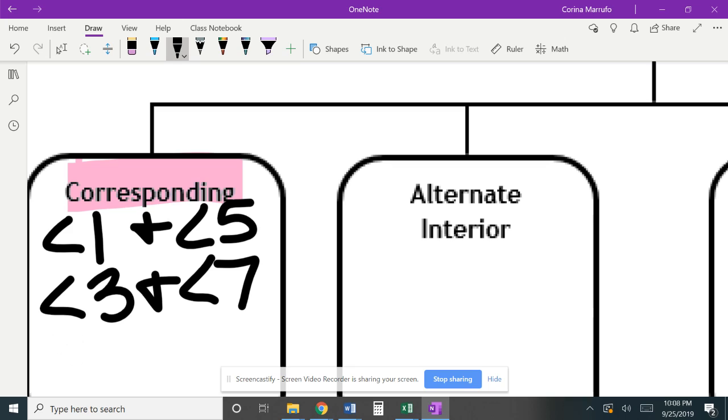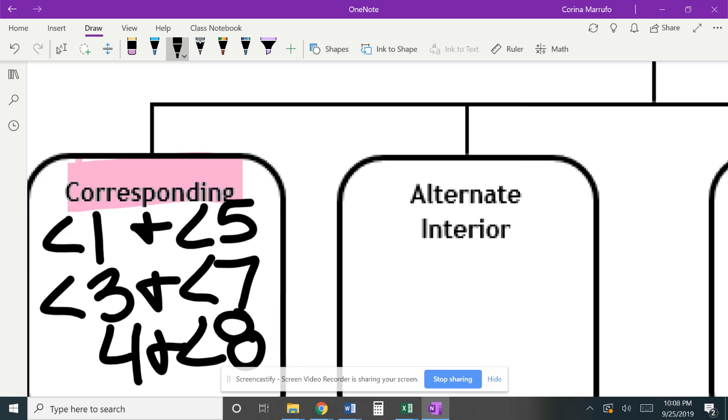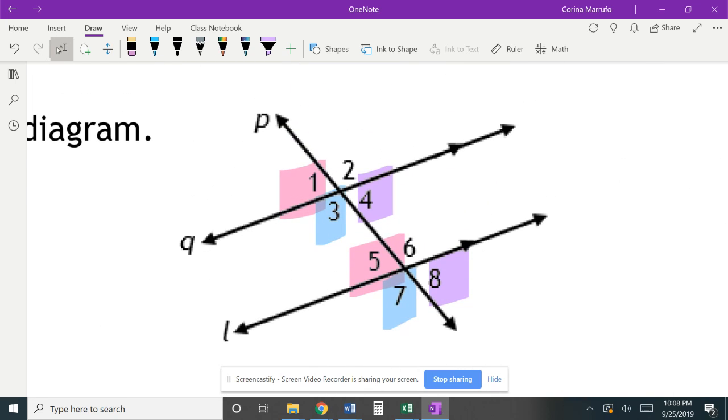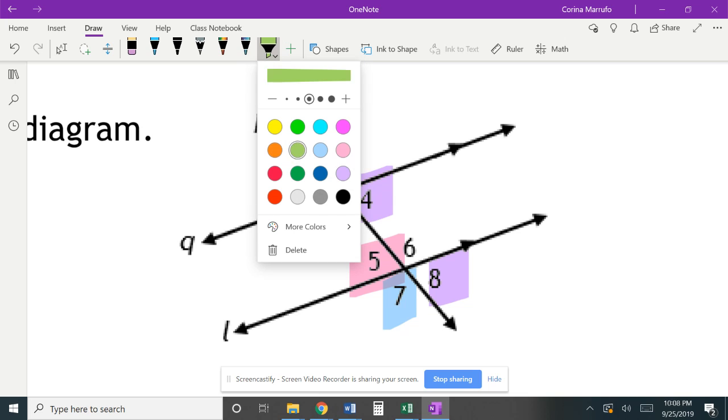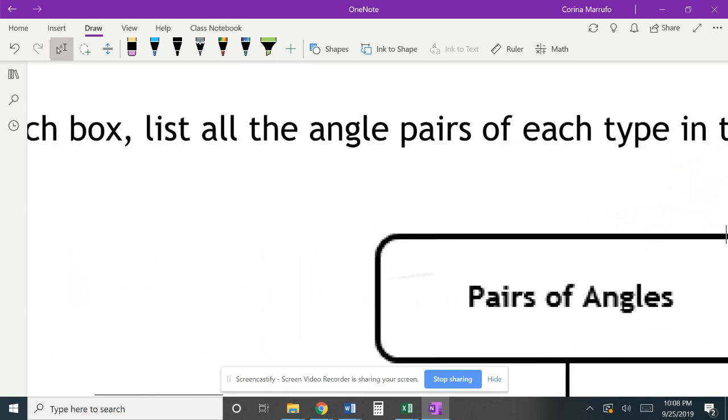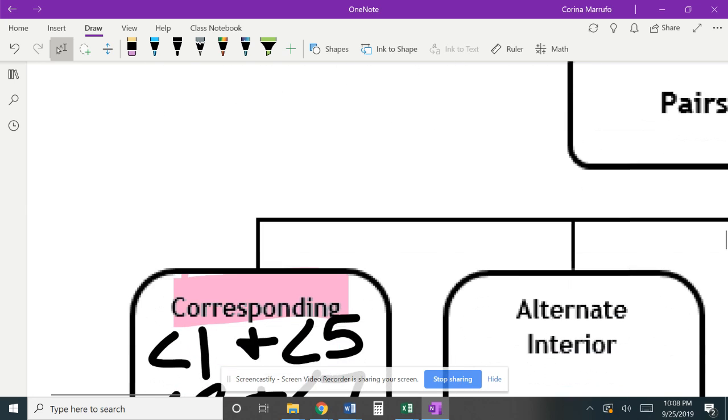Angle 4 and angle 8. And then the last ones are going to be angle 2 and angle 6. They're both to the right of the transversal and above the parallel line. So those are considered corresponding angles, angle 2 and angle 6.